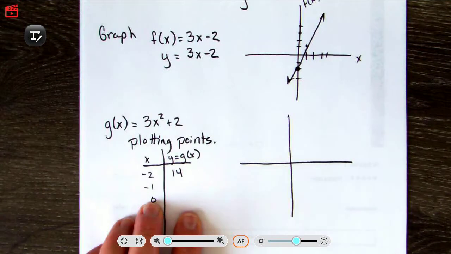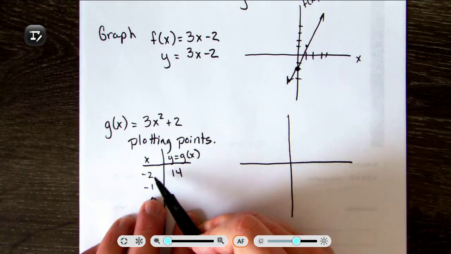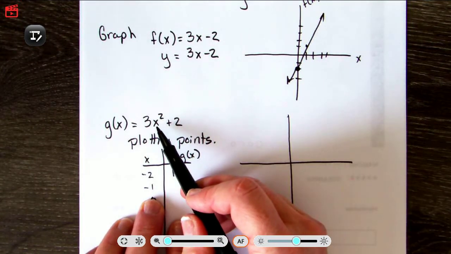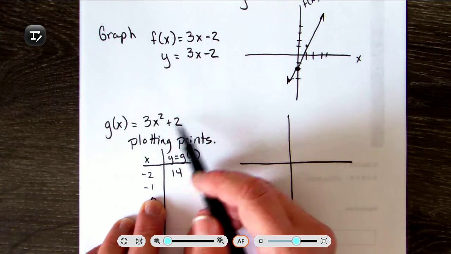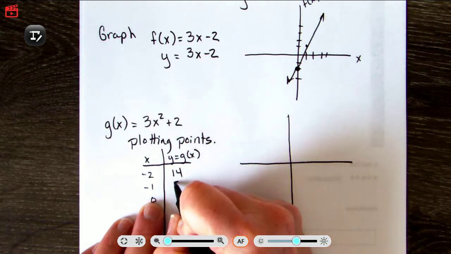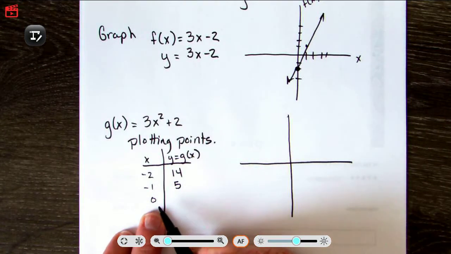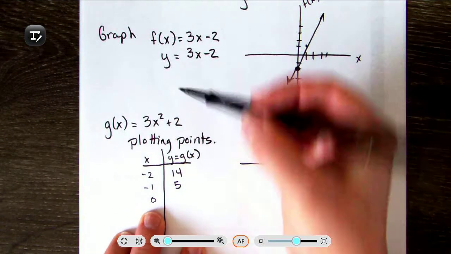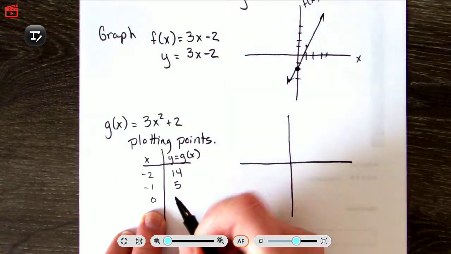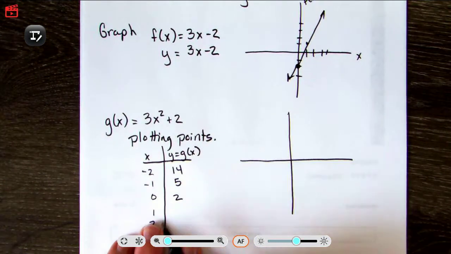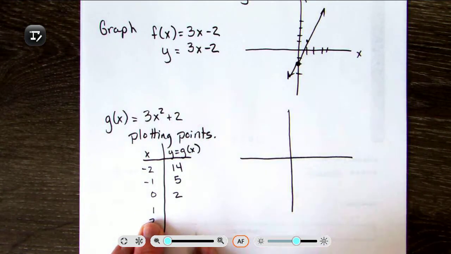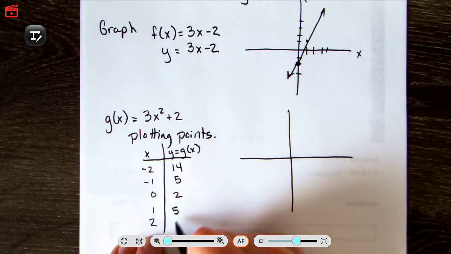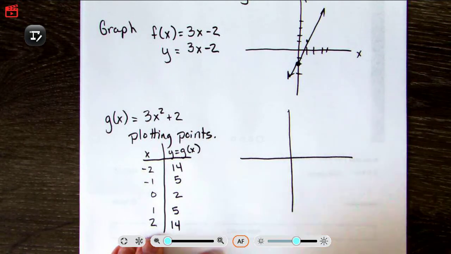I'm getting ahead of myself. Slow down. Substituting in the -1. -1 squared is 1, times 3 is 3, plus 2 is 5. Substituting in the 0. 0 plus 2 is 2. Substituting in the 1, same as the negatives. It's a nice function. And again, the 2 would give me that 14.